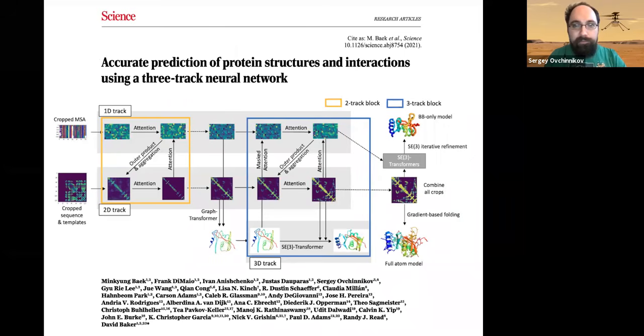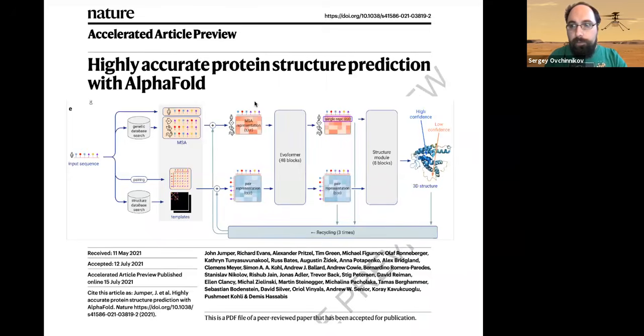And so you guys may have already heard there's been a few papers that came out. One of them that I was involved in is referred to as RosettaFold, where we try to learn from what AlphaFold did and try to build on those advances. And then the AlphaFold paper here, which made a huge impact during CASP last year.